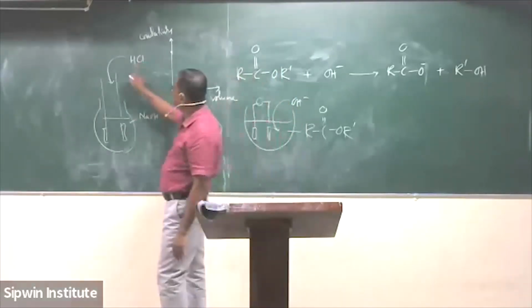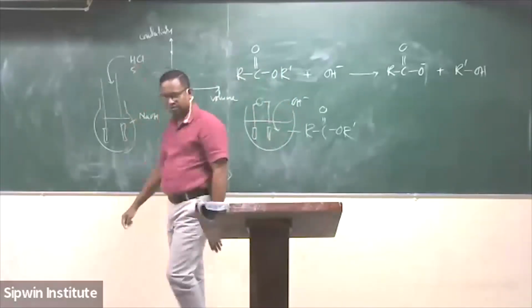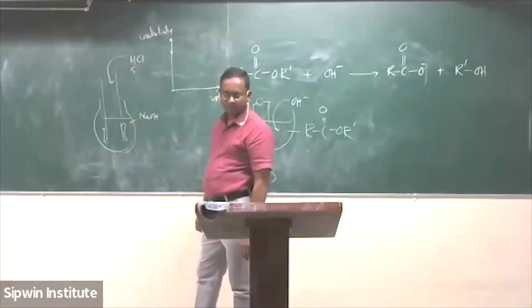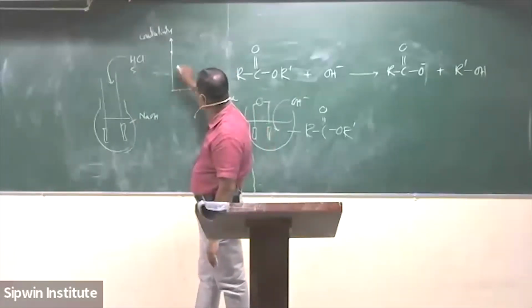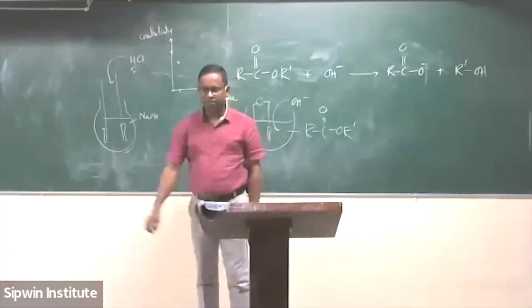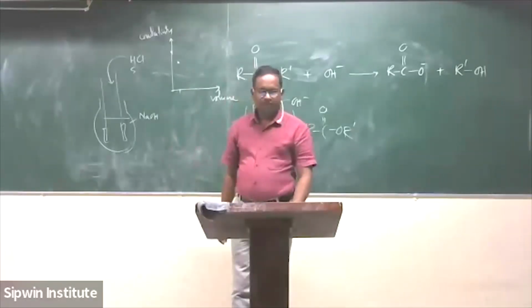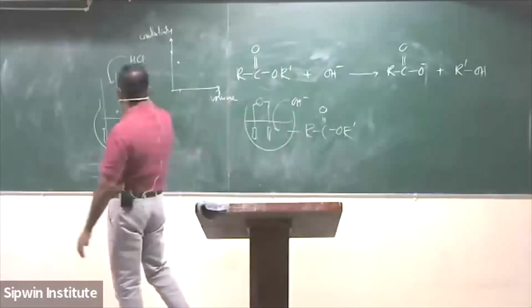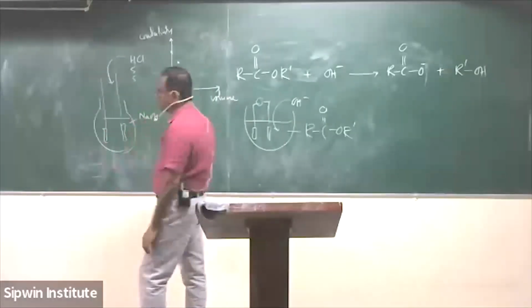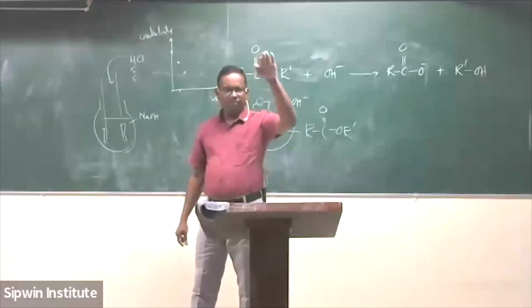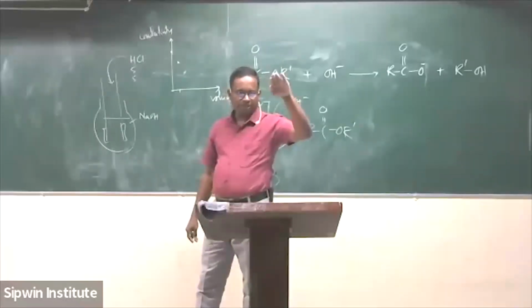So from the HCl, you add 5 cubic centimeters. Measure the conductivity. After adding 5 cubic centimeters, the conductivity is less than that. You add another 5 cubic centimeters and measure the conductivity. Like that, when you're adding the HCl, the conductivity decreases.